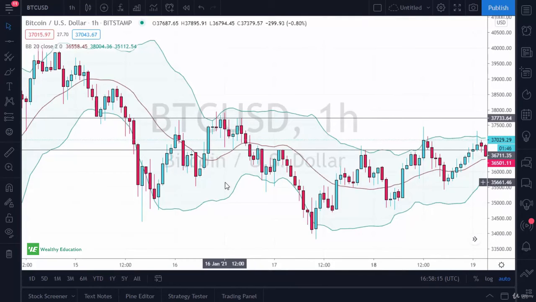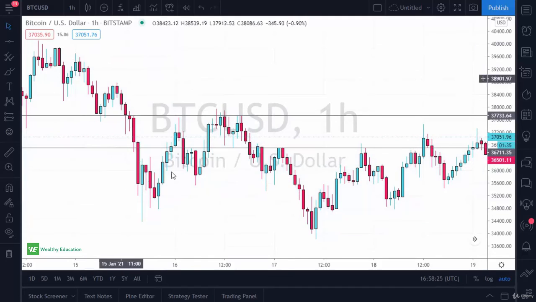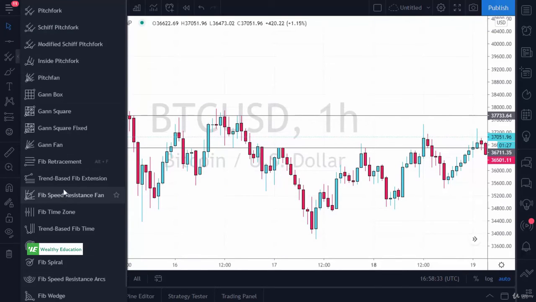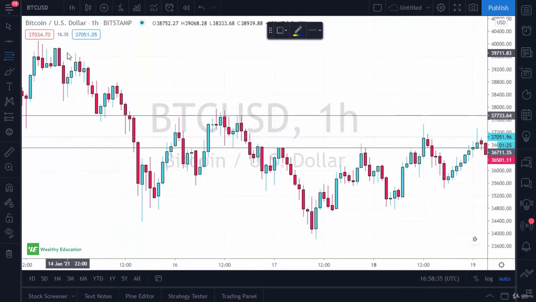You can see that the market tried to rally and then we broke through the Bollinger Band midpoint at this juncture. So that comes into play as well. It suggests that we are going lower. And then beyond that, we can draw a Fibonacci retracement.